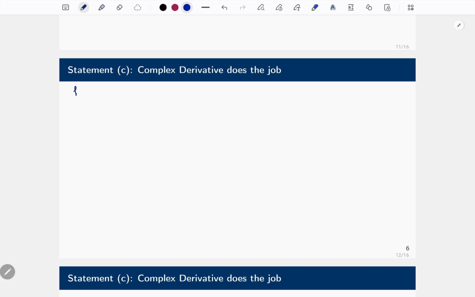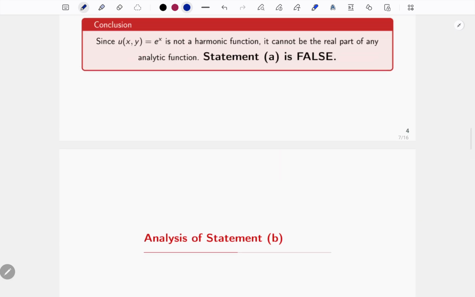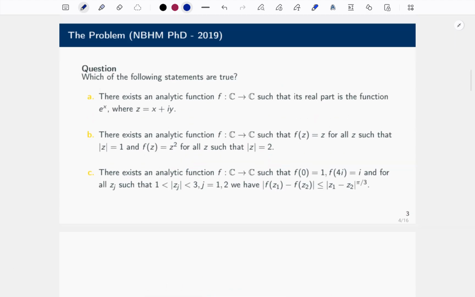So here what I had was a function f from C to C which was analytic, and what were the conditions? I just forgot. Let me go back once.